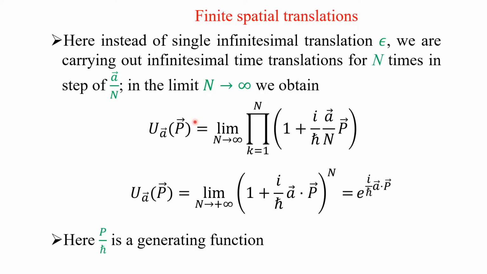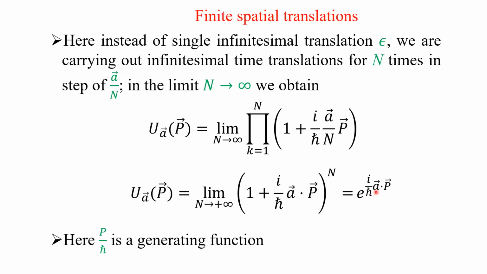Now we define the spatial unitary operator U of a, which is a function of the linear momentum, that you have to note here, equal to the limit n tends to infinity of the product from 1 to n of 1 plus i over h cross, the small parameter vector a over n, and the vector linear momentum operator P. Within this limit, this product can be rewritten as 1 plus i over h cross a dot p over n, whole power n, which we can write as e to the power i over h cross a dot p.